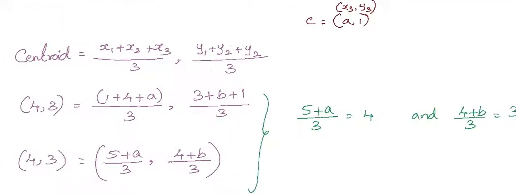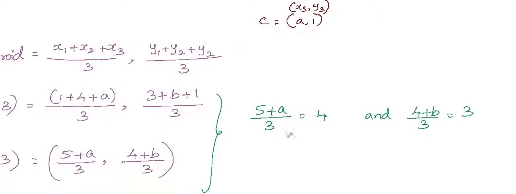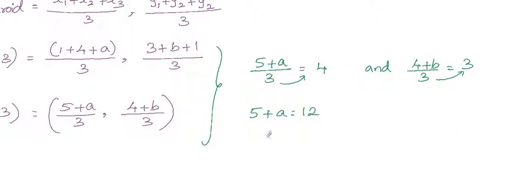So now solve for A and B. Just move the denominator 3 to the other side. So we'll get 5 plus A equals 4 times 3, which is 12. If you subtract 5 on both sides, 12 minus 5 becomes 7. So A equals 7.